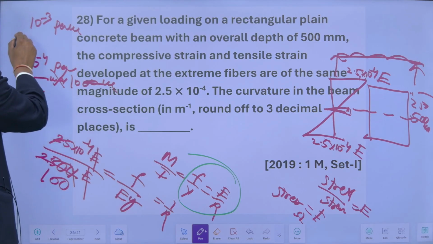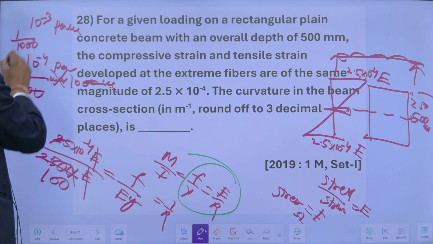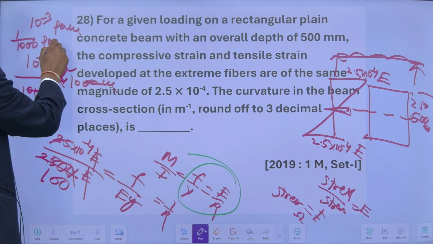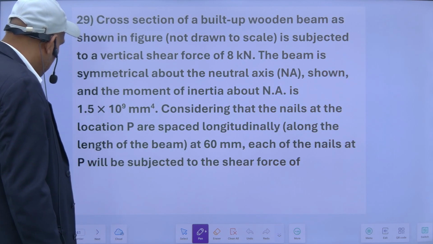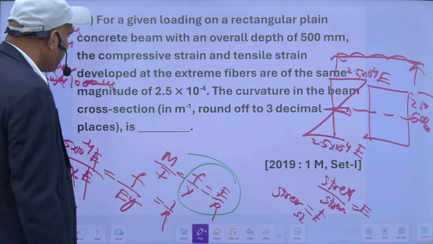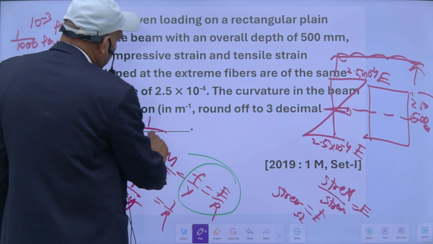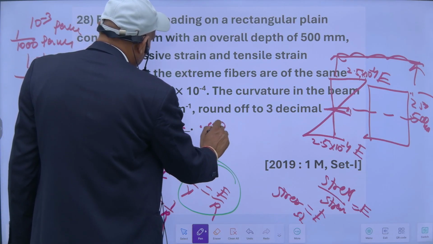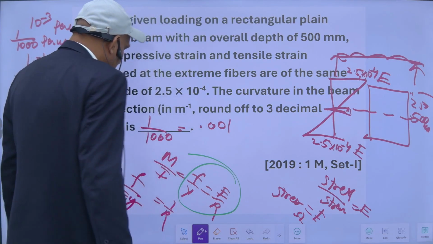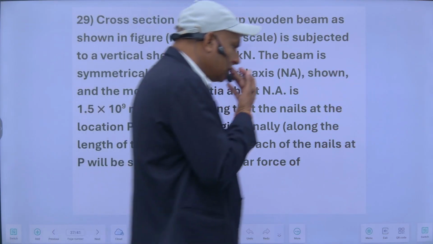Curvature means 1 upon 1000 per meter. So this is the curvature. So the answer is 1 upon 1000, or I can say 0.001. This is the answer.